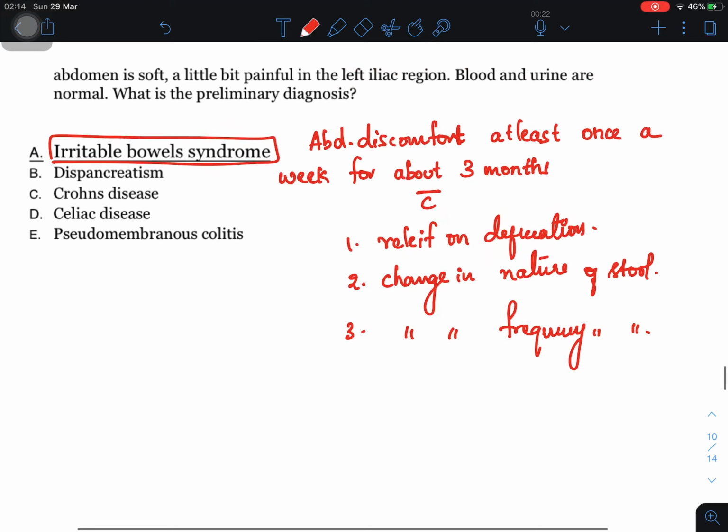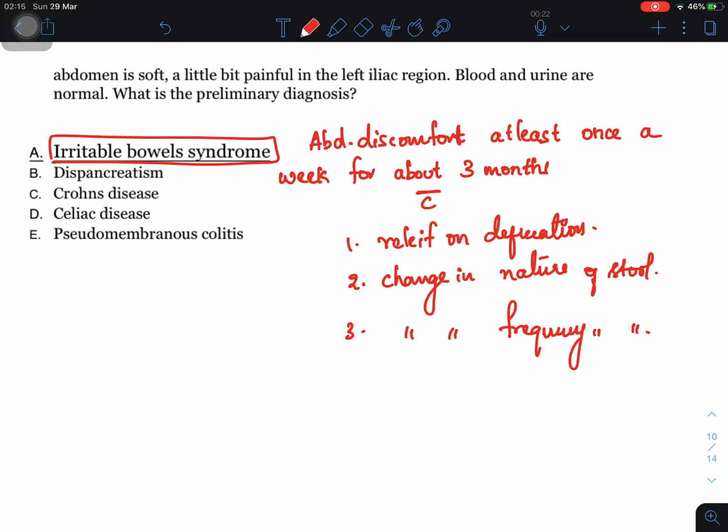So if a patient is complaining, doctor, I have abdominal discomfort in whatever form it might be, once a week, and this has been happening for 3 months. And along with that, doctor, whenever I defecate, the pain is reducing. And every time I defecate, there is a different nature of the stool and a different frequency.